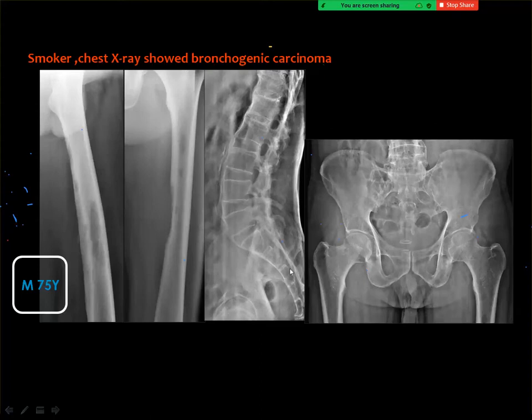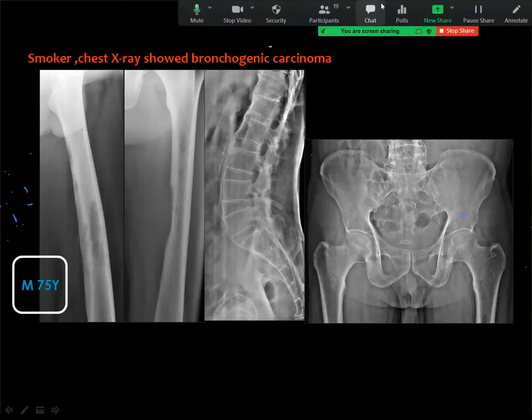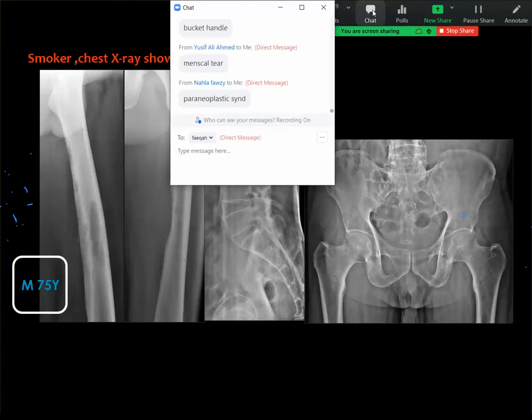These are the plain X-rays of the femur and the spine and the pelvis. Paraneoplastic syndrome, Nahla said. Other possibilities.